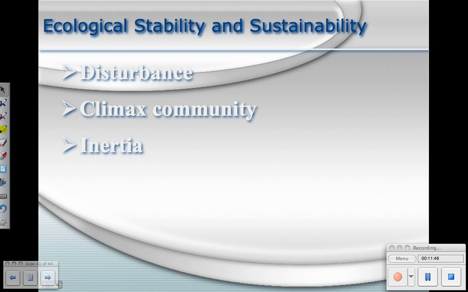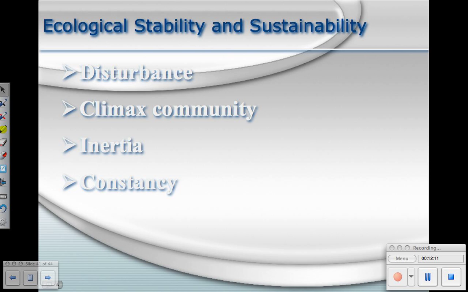One of the concepts there would be climax communities. So when an ecosystem hits its peak of maximum species tolerance, able to hold that together. Inertia is the idea of directionality as things are moving.